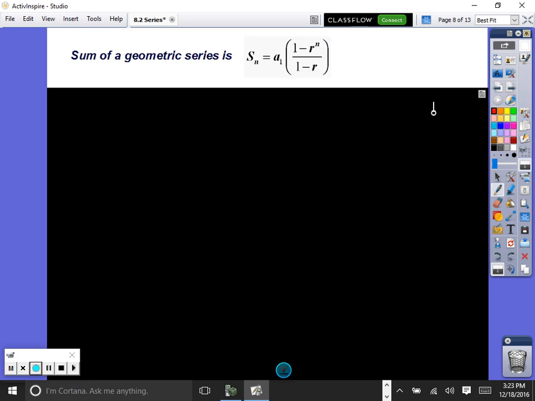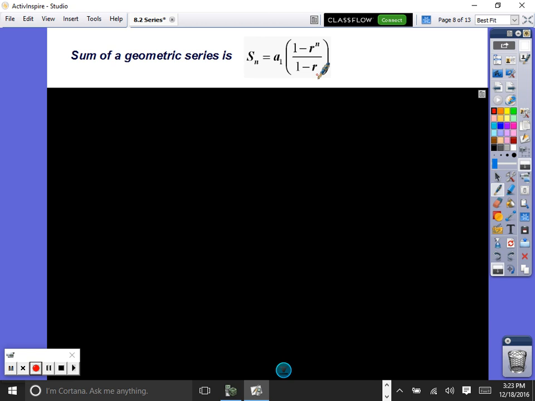And that rule is: the sum of however many you're adding up means take the first term times 1 minus the ratio to that many terms, divided by 1 minus the ratio.